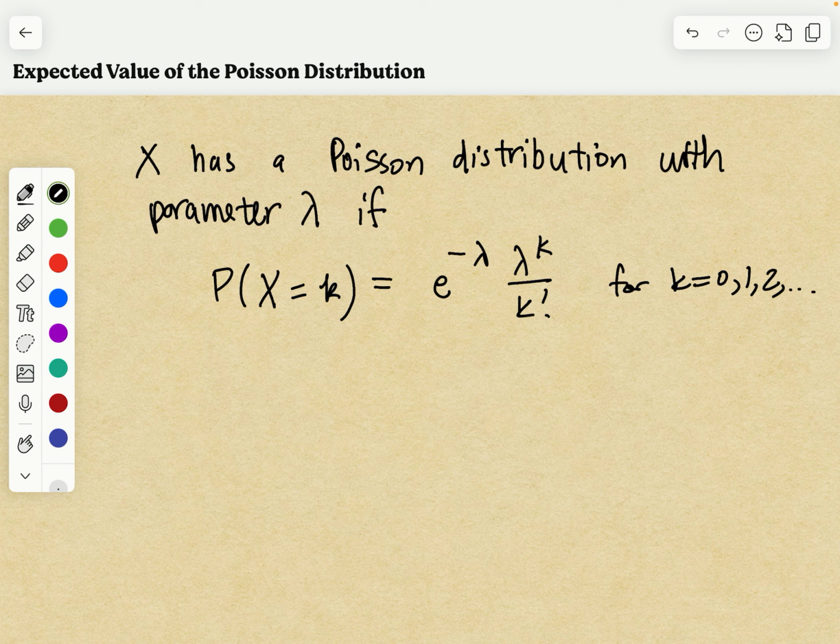And lambda is some positive number. That's the definition of the Poisson distribution.